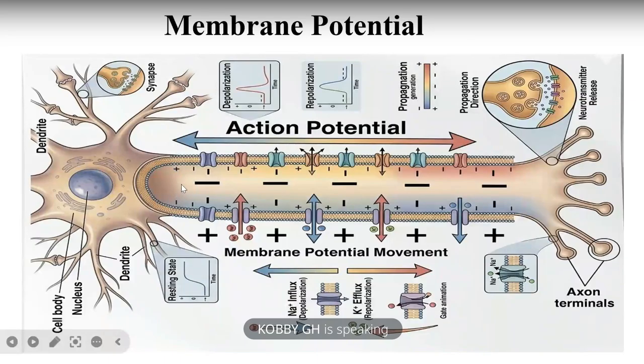Then the negative that is inside has to go outside so that the outside becomes negative. So before impulse transmission occurs, the inside of the neuron has to be positive and the outside has to be negative. That is what we mean. And I'm adding that what makes the inside negative is that we have potassium inside, and what makes the outside positive is that we have sodium outside. So this is how it works.